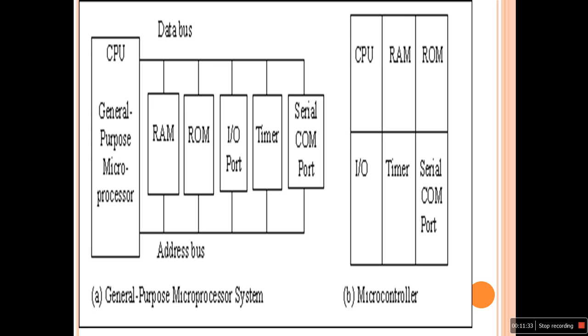Here we see the comparison between a general purpose microprocessor system and a microcontroller. As you can see on the left, this is a computer system. The CPU is connected with buses to the RAM, ROM, I/O ports, timers, serial ports, and so on, whereas the microcontroller has all these peripherals within the same chip.